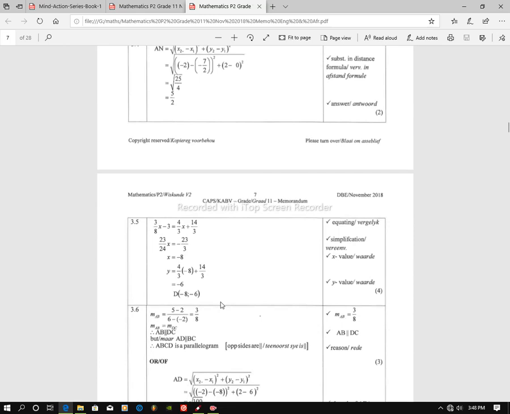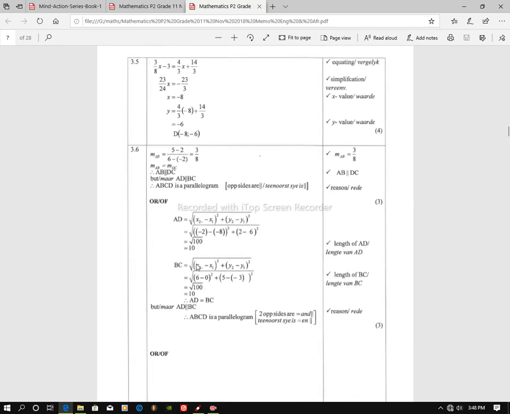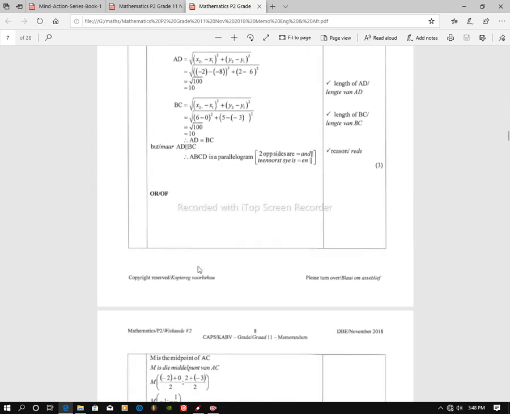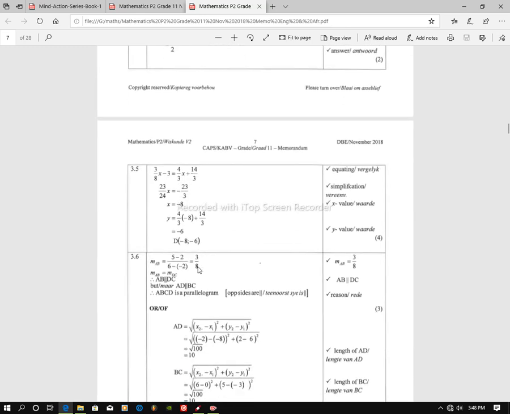Oh, d, there must be something we did that is not fine, because their x is negative 8 over 6, and y is negative 6. So that's where we made our mistake, you understand? I don't know how come we made the mistakes there.